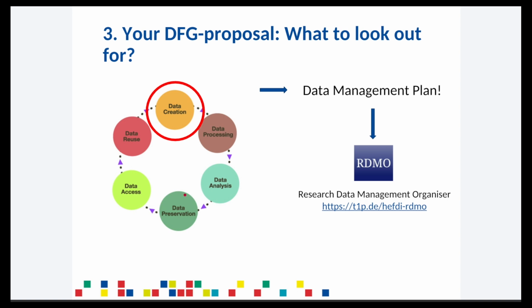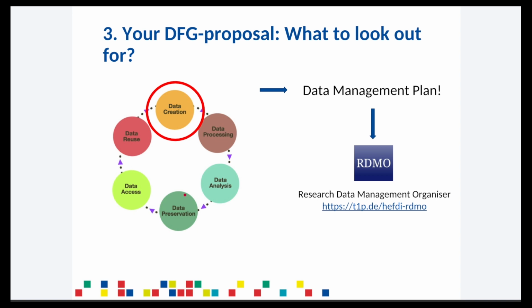And it's more or less how the research life cycle goes. You write your funding proposal, you start with your project, you get your data, process your data, analyze data, and you publish your results, etc. So it's very close to the research process, but looks at the data.